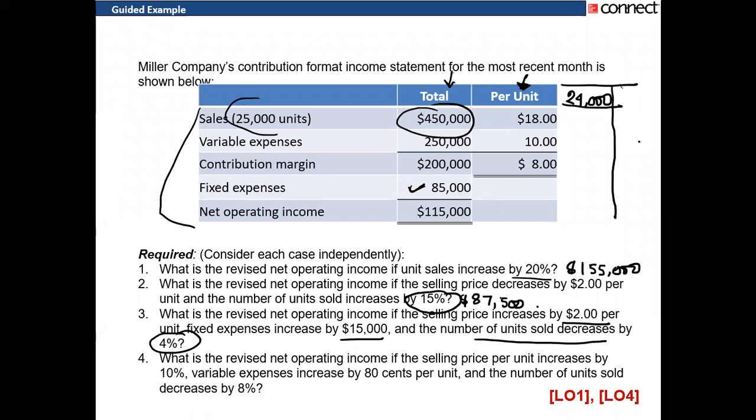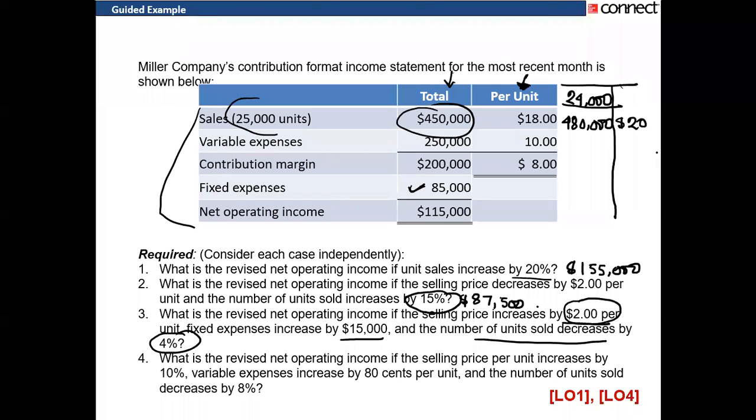So what will be the sales value if we have the selling price, which is a higher number now compared to the previous one, $18. Now it is $20 per unit. So what we need to do, we need to multiply 24,000 by 20 to get the total sales value of 480,000. Okay.